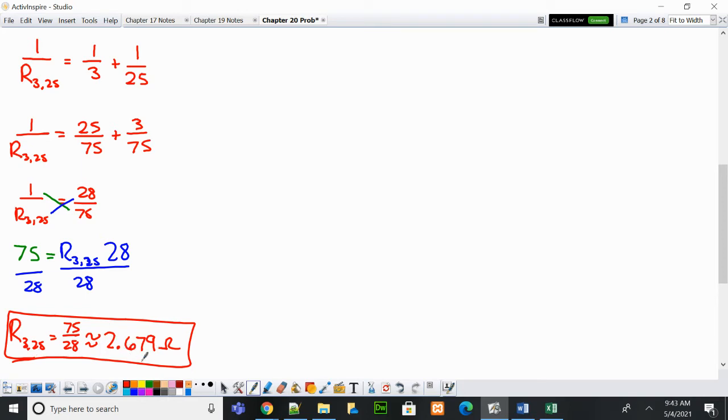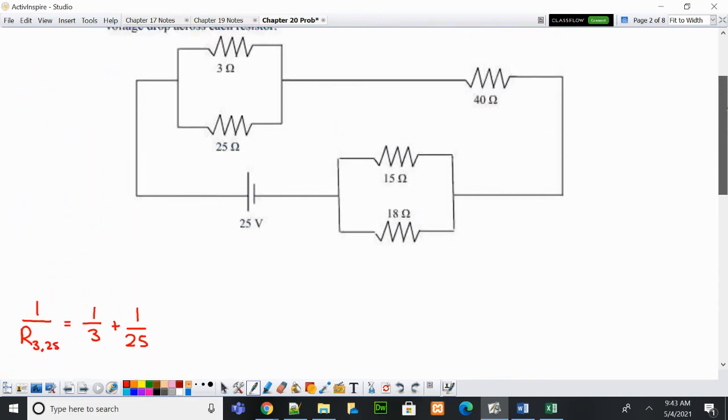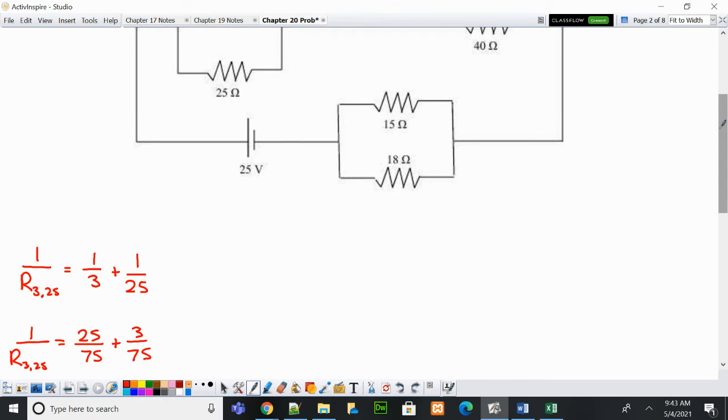So I'm going to write that up in my picture. Actually, I'll redraw my circuit over here. There's my battery. I'm going to go up, and I just combined these two, so the equivalent resistance here is 2.679.